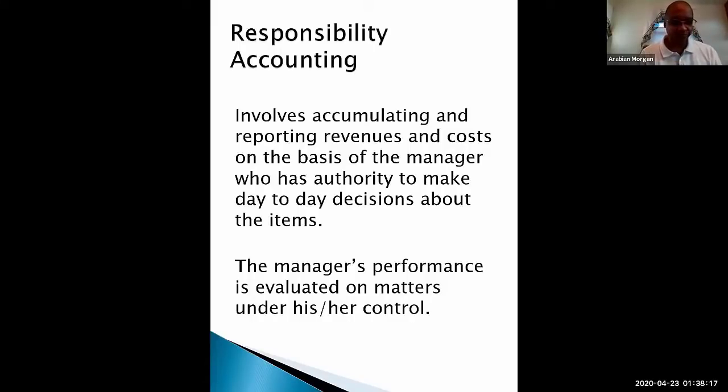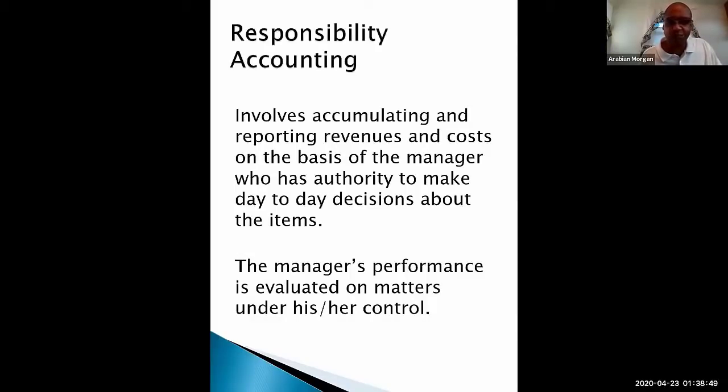Responsibility accounting. And this is really what we're going to be focused on doing tonight. We're definitely going to be accumulating a lot of costs, but we'll also accumulate some revenues. And I'm going to be walking you through a scenario with a particular manager, and we're going to take a look and see how this responsibility accounting really plays out.